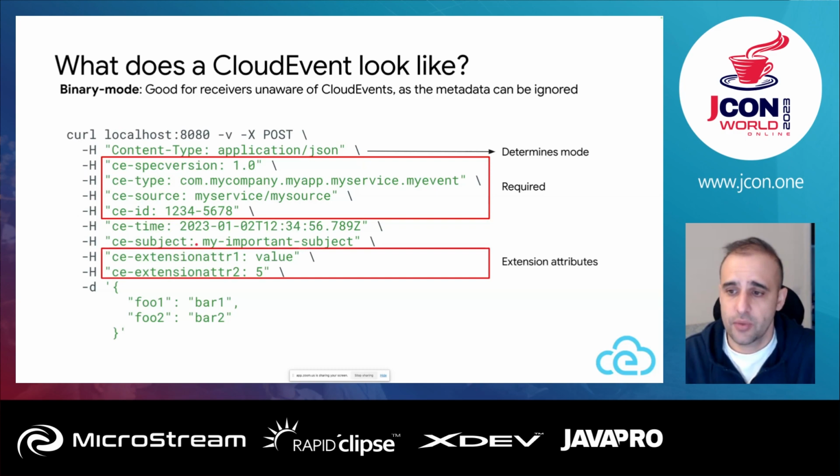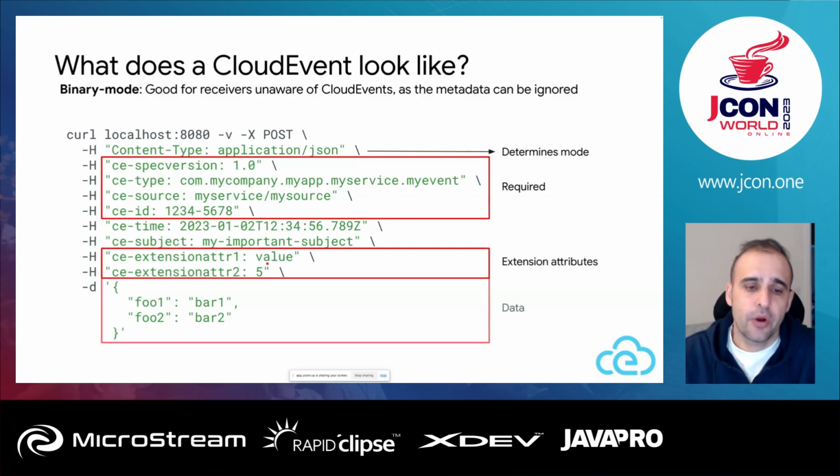There are some extension attributes. These are special headers you can add for your own application in case your application needs extra information to route your event, right? So these are basically custom to your application. And then finally, the body of your request is the actual payload. In this case, it's just a simple JSON, right?